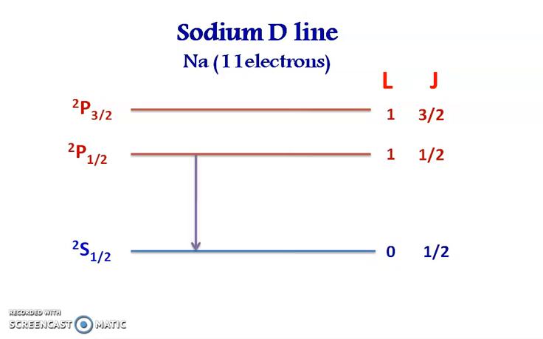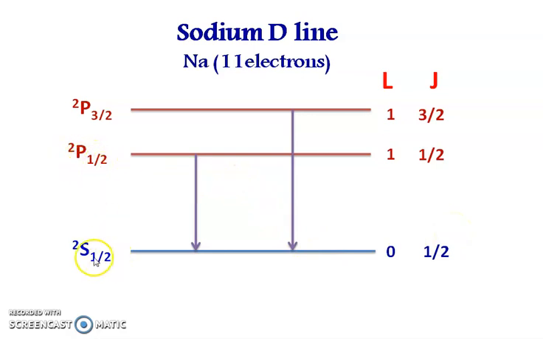From 2p 1/2 to 2s 1/2, yes, it is possible, because the difference in L is 1 and in J is 0. The next transition is between 2p 3/2 and 2s 1/2. The difference for L is again 1, and for J, 3/2 minus 1/2 is equal to 1. So both transitions are possible.